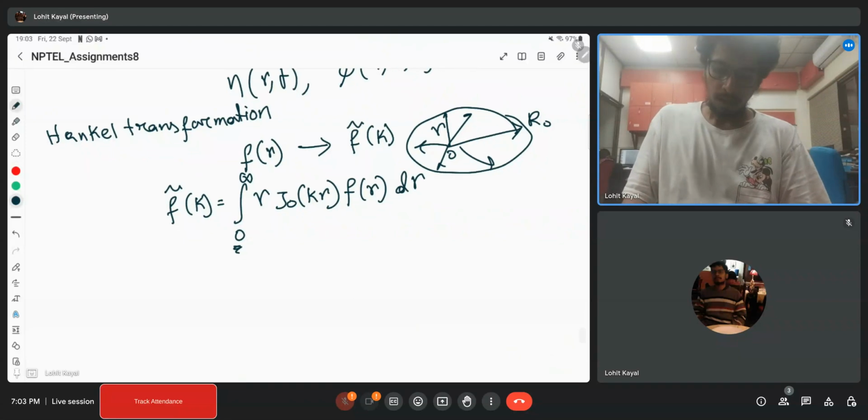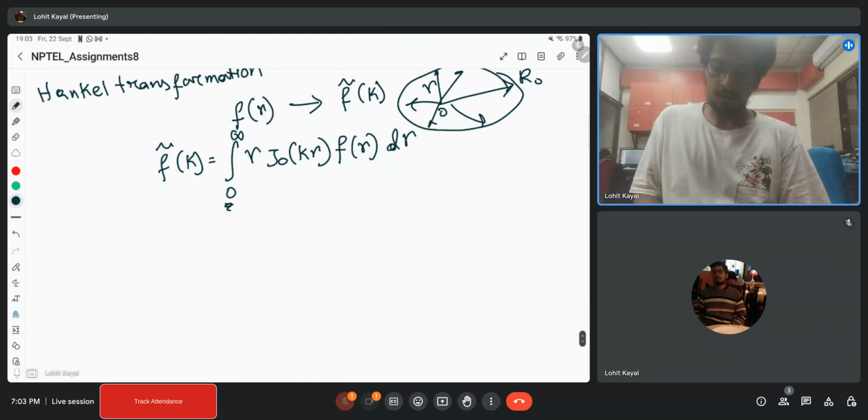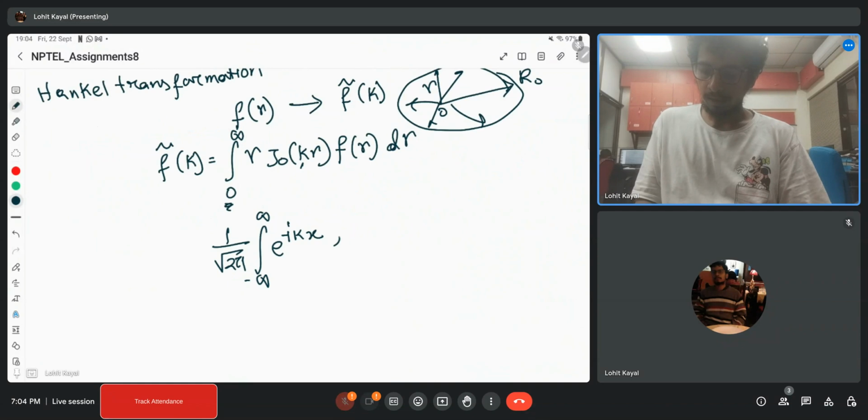If you remember its counterpart in the Cartesian geometry, it was minus infinity to infinity of e to the power of minus ikx f(x) dx. Remember that while doing integration in polar coordinates, an additional r term appears.